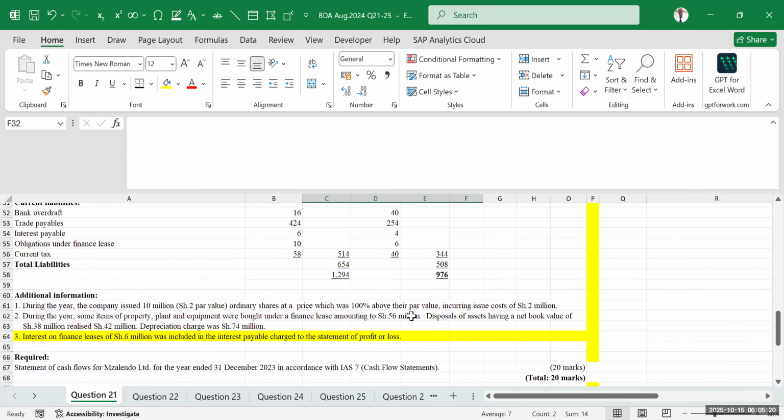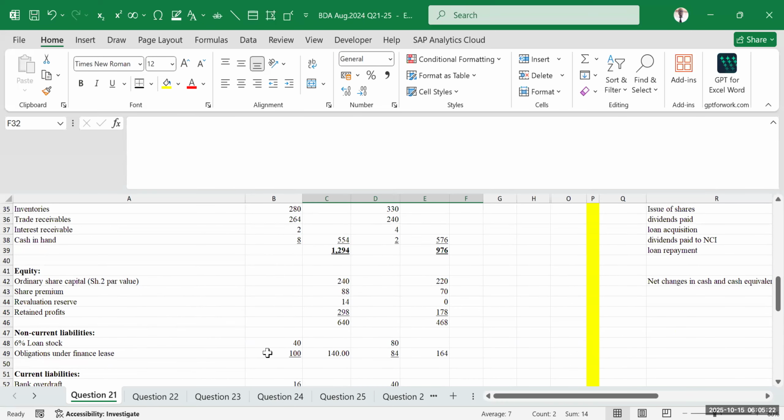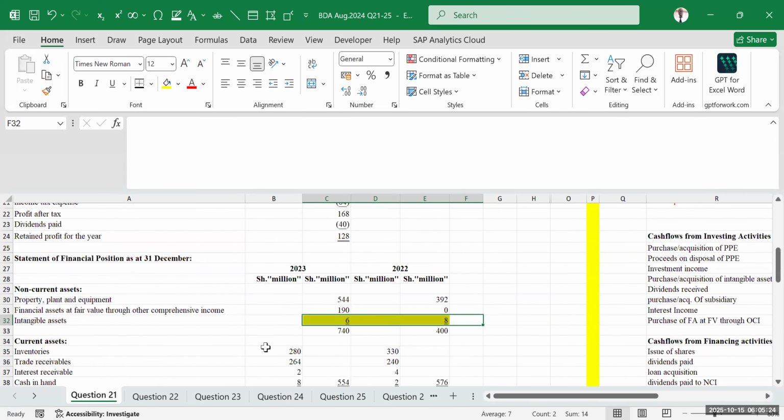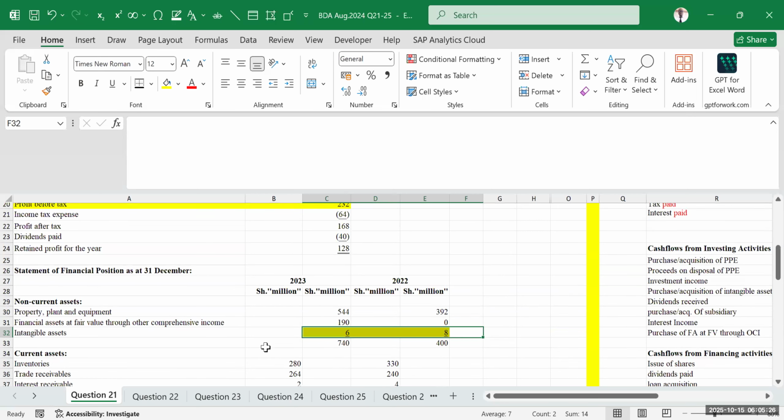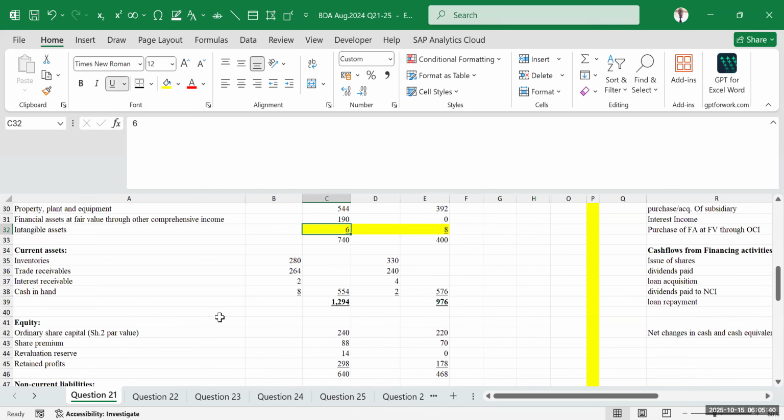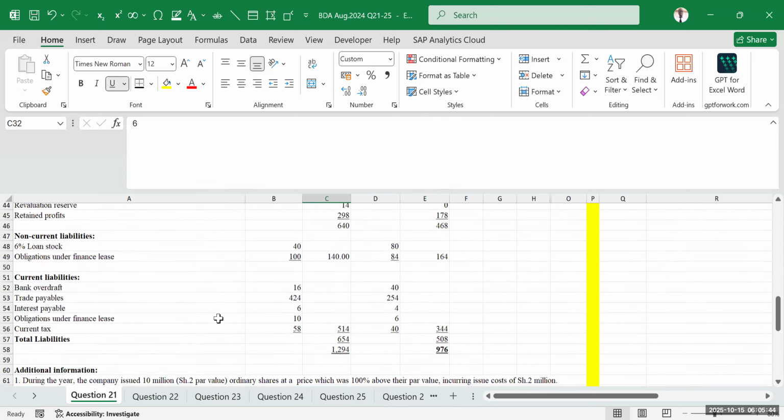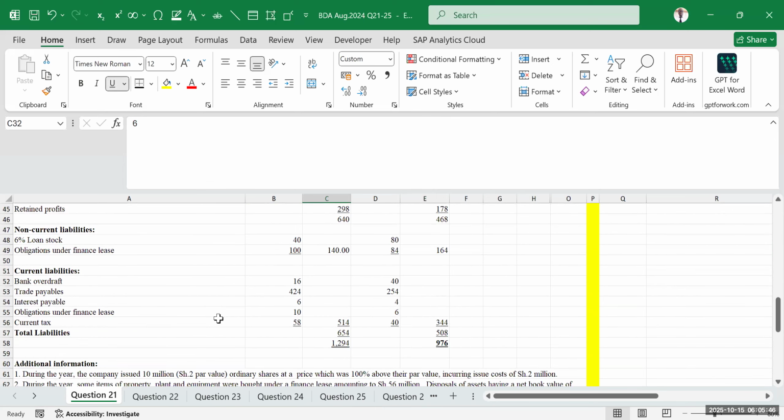And look at the element that we are talking about. We are talking about intangible asset. Now, in case there is disposal, I agree with Wilkista that disposal is also a possibility to reduce the value of intangible assets from 8 million to 6 million. I agree. But we do not assume disposal of assets if not given, if not expressly stated.